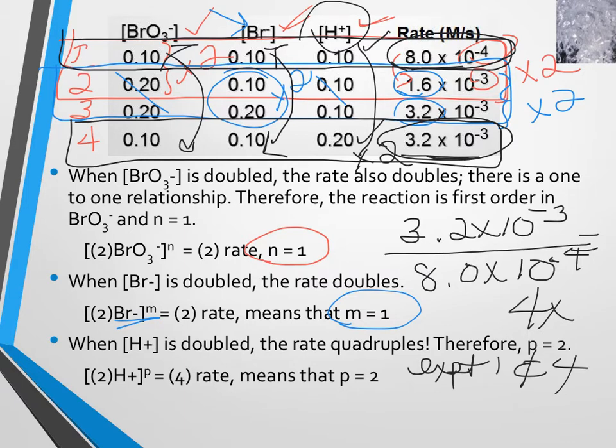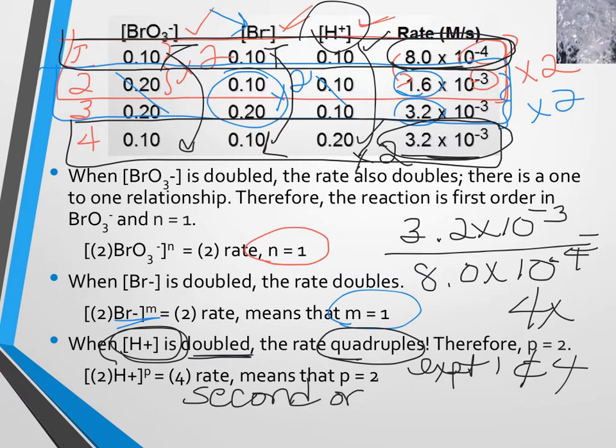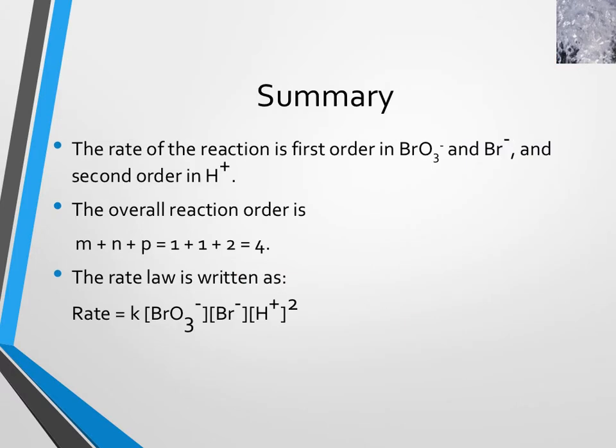So what has happened? When we double the concentration of the hydrogen ion, the rate quadruples. There's not a 1-to-1 relationship anymore. This is characteristic of a second order reaction. So it's second order with respect to hydrogen ion only. So let's put all of these together.